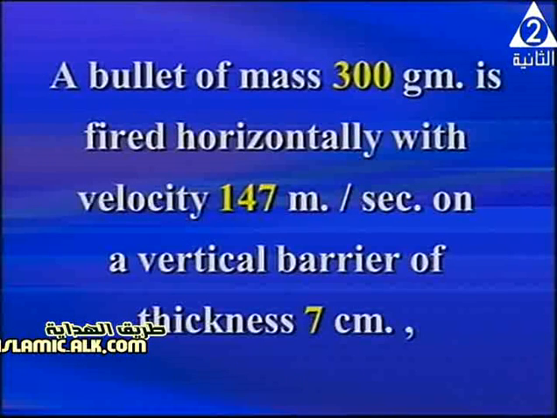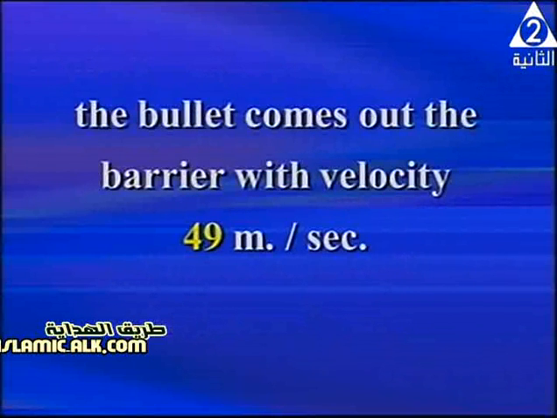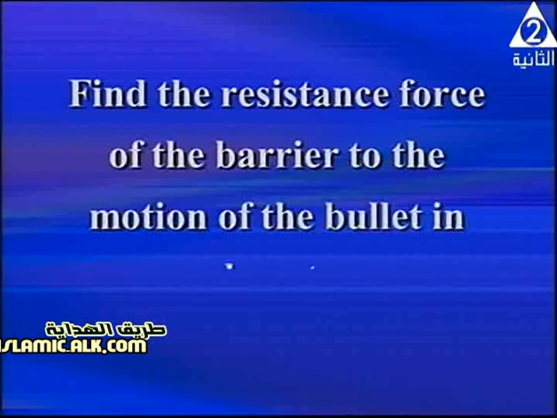A bullet of mass 300 gram is fired horizontally with velocity 147 meters per second at a vertical barrier. This barrier has a thickness of 7 centimeters. The bullet comes out of the barrier with velocity 49 meters per second.